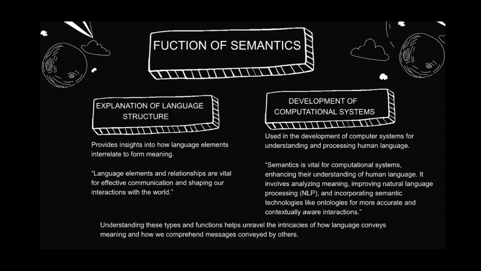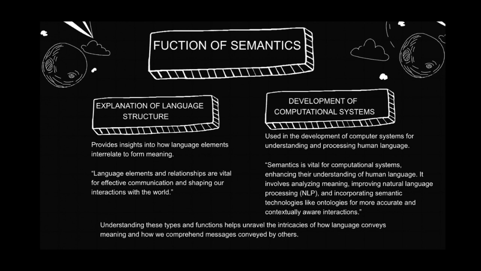And then the last one of the functions we have development of computational systems. Used in development of computer systems for understanding and processing human language. Semantics is vital for computational systems, enhancing their understanding of human language.